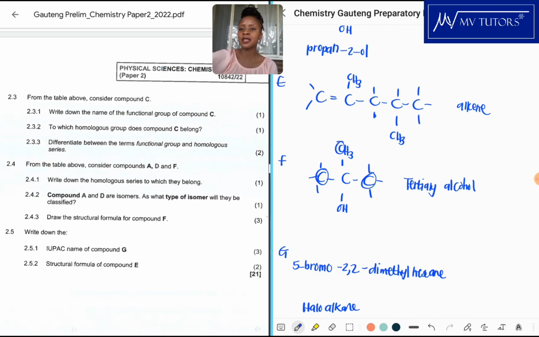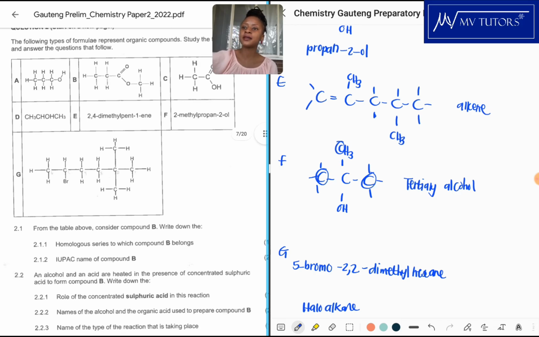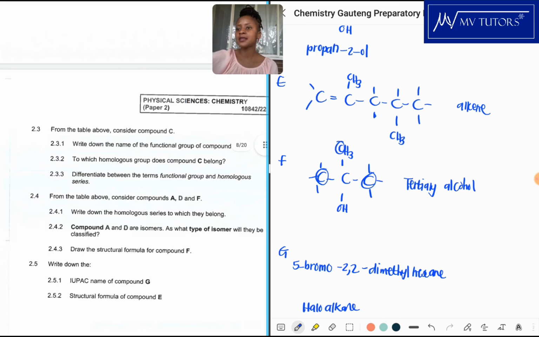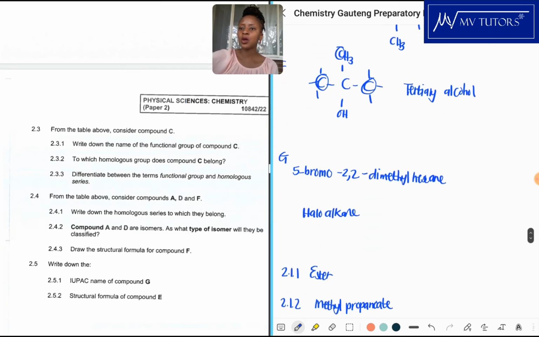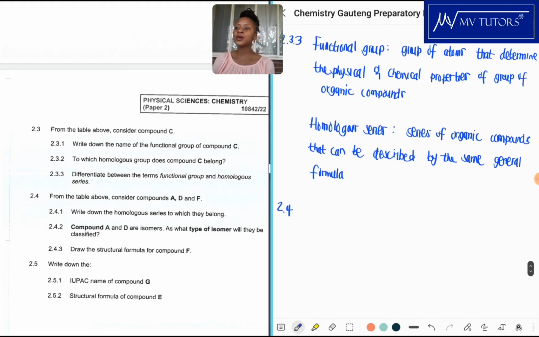I think they gave us the name there. F, which is 2-methylpropan-2-ol. Okay, now it says write down the homologous series to which they belong. We just said the homologous series is described by the same general formula. Okay, so it is in the group of alcohols. Homologous series called the alcohols.